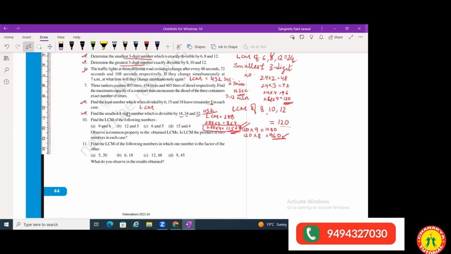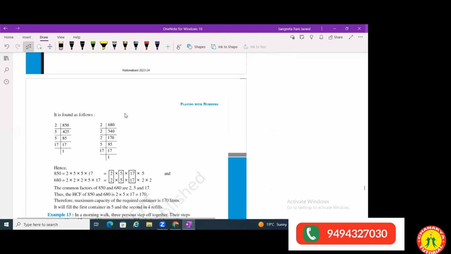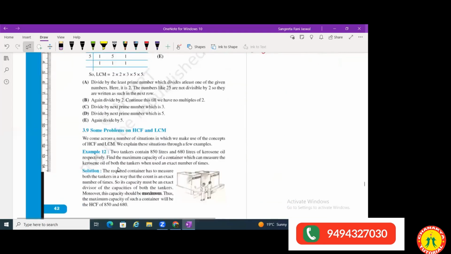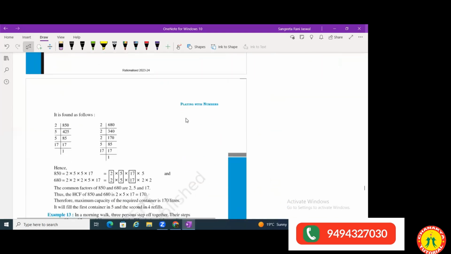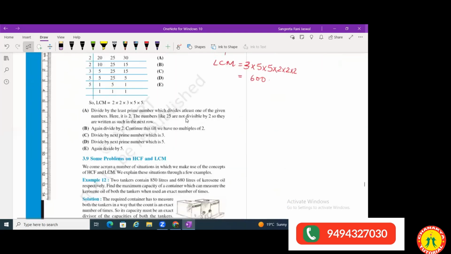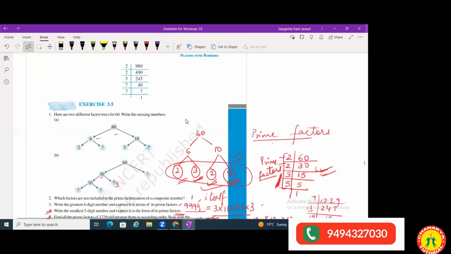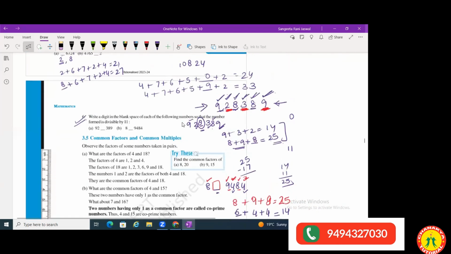Otherwise also, see this book. I have opened this book in front of you. You can see the lectures, whatever we have done. Just find out these topics in your books: HCF, LCM, the prime factorization, divisibility rules. Books do not matter.